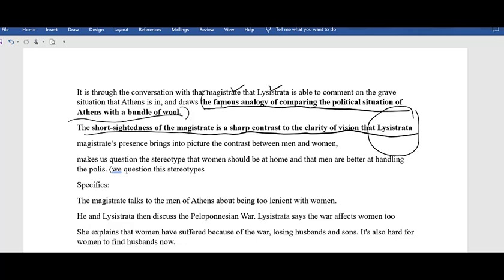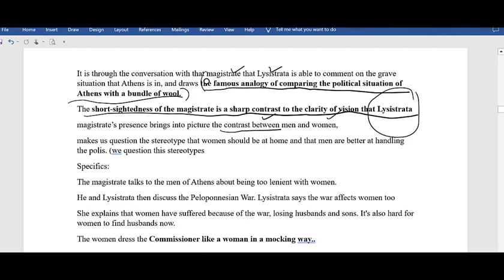So there is also a contrast between men and women and the behavior of men and women, which is depicted through the character of the magistrate. And therefore it makes us think through the stereotype that women should be at home and men are better at handling the polis. And through these characters we know that these stereotypes have something wrong about them.